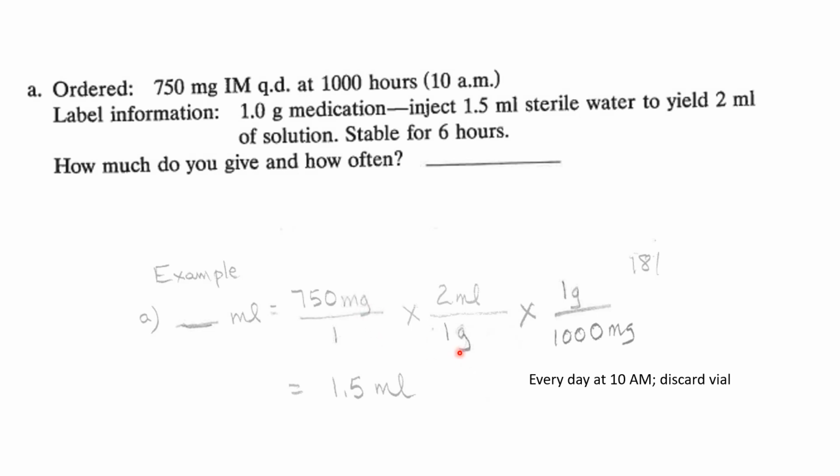And you do have to change the grams to milligrams, and so you cancel these, and you get 1.5 milliliters. You do this every day at 10 a.m., and you have to discard the vial after you've added the 1.5 milliliters sterile water to the solution. You discard the vial in this case because there is not going to be enough to give another dose.